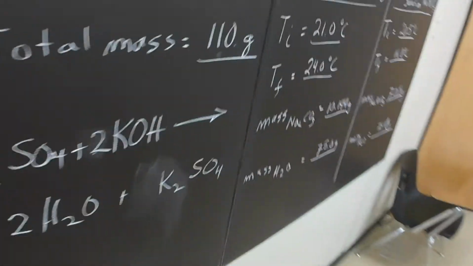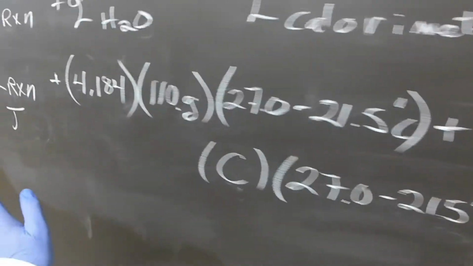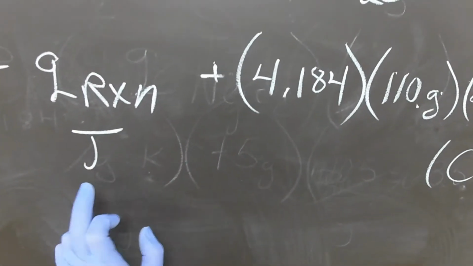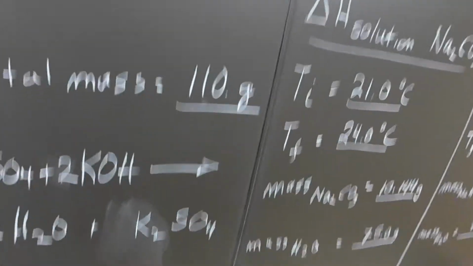We're balanced. Okay, so you're going to have so much heat as part of the reaction. How do you express that? Well, we express it in terms of the moles of water produced.